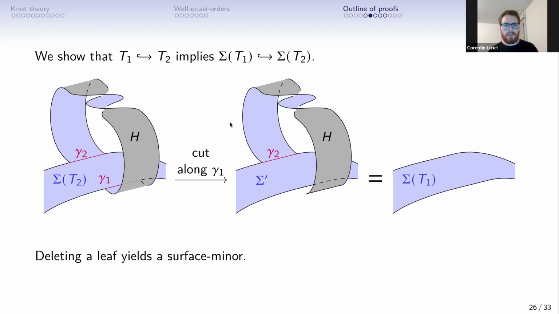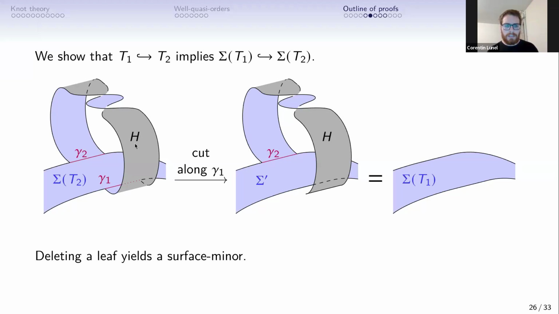T1 is a tree minor of T2 if we can delete leaves of T2 and contract paths of T2 to edges. It's easy to see that deleting a leaf yields a surface that is a surface minor of the surface before the deletion.